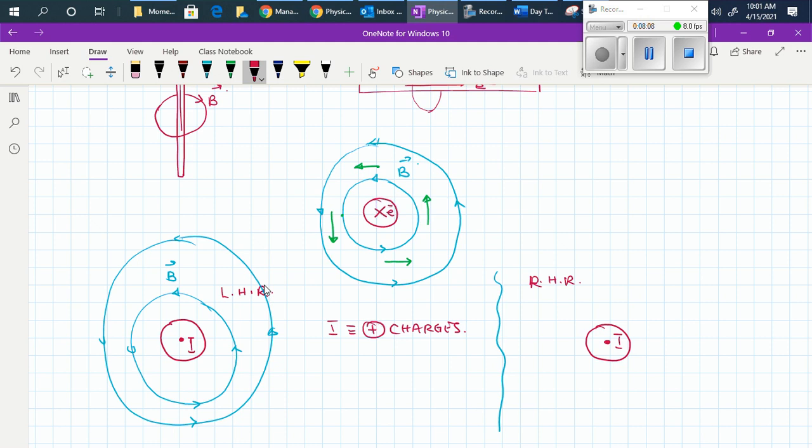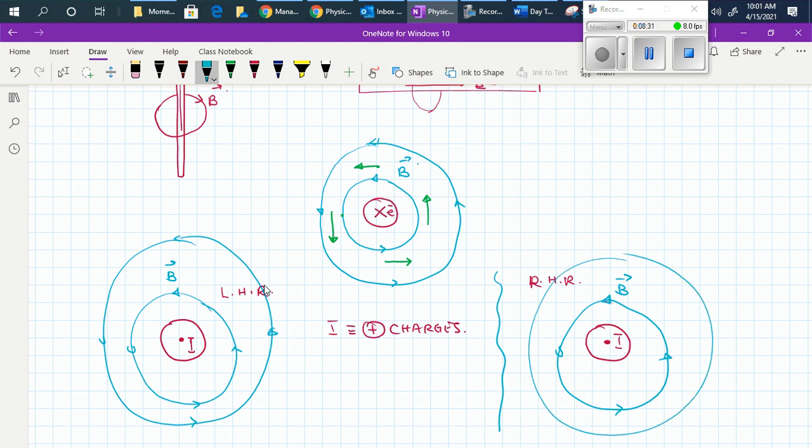Now with your right hand, you will save the direction, and then you will coil the direction. So then you will have a magnetic field of this direction, and those will be concentric circles created around the direction of the motion of the charge, that being positive or negative.